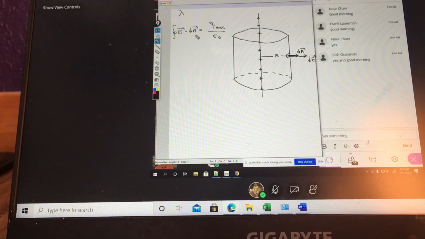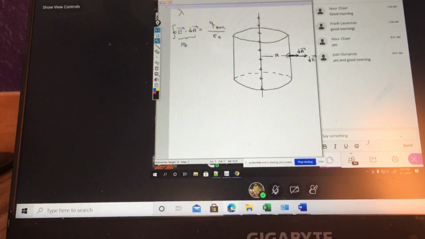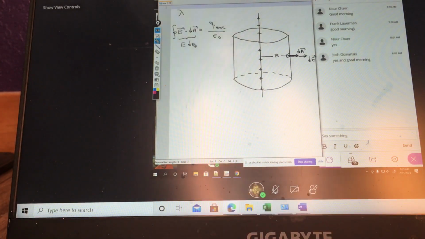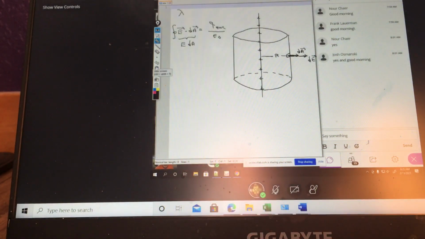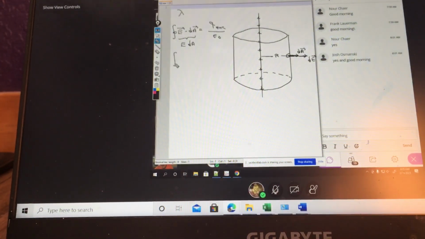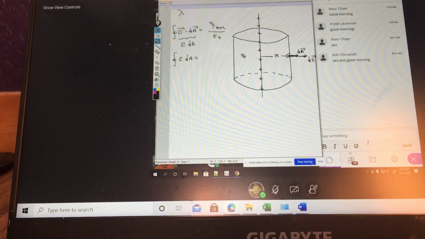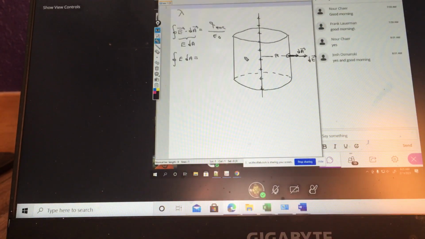So as before, this is just E times dA. The cosine of the angle between them is 1. So you get the integral of magnitude of E times magnitude of dA equal to the charge enclosed. How much charge is enclosed?